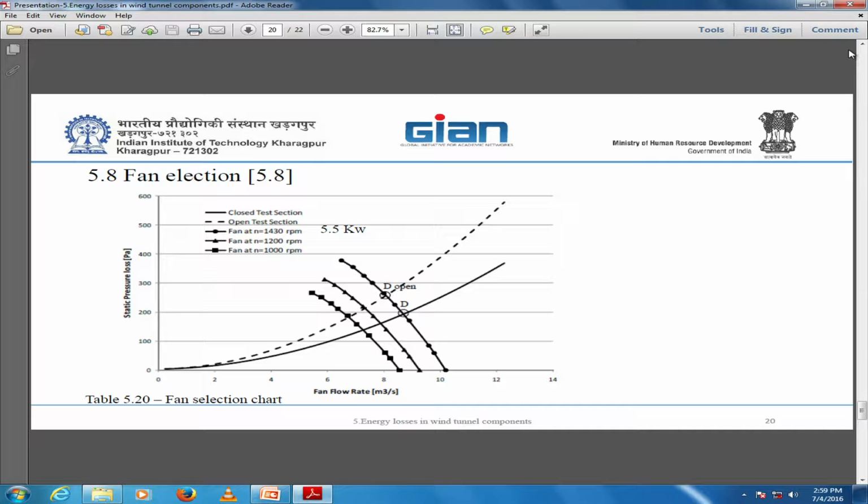Somehow, I think the calculations he made were for 30 meters per second, and I can prove it from his plot. On the next plot, you find where you have 140 of static pressure, and you cut it to the test section, and you find that it is 30 meters per second. If you calculate the flow rate, 30 meters per second times a quarter square meter, it's 7.5 cubic meters per second.